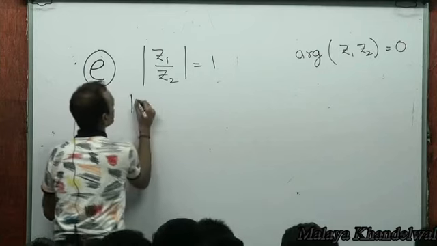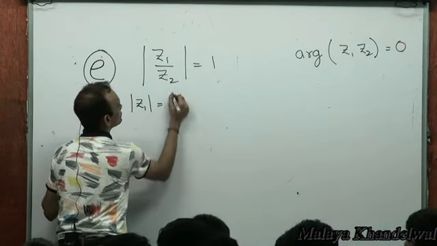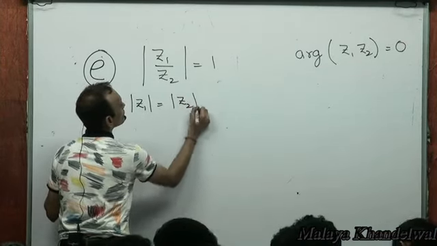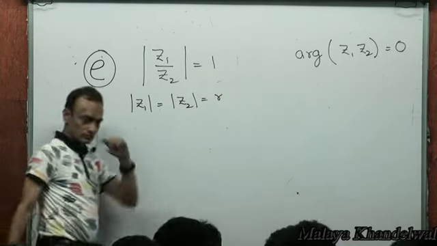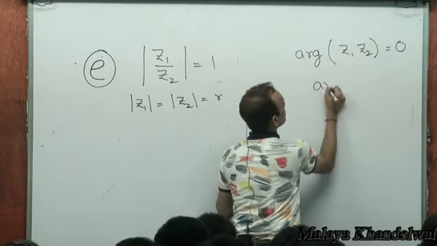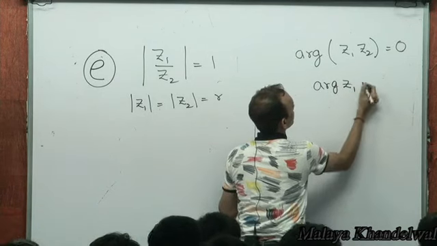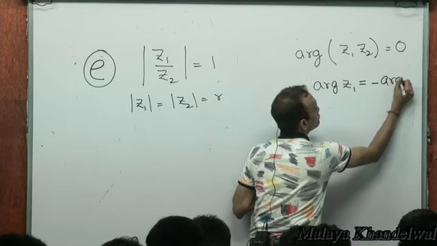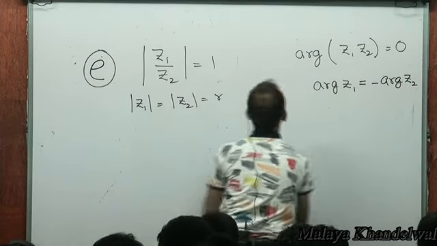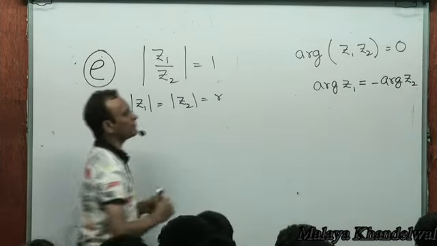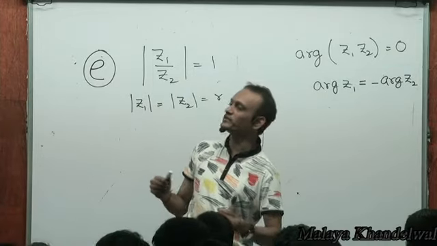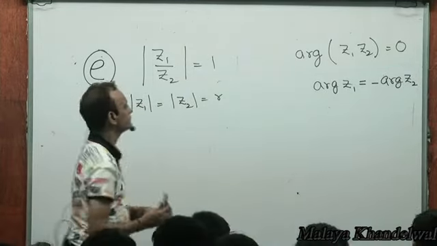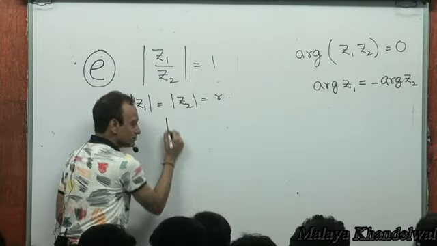This means mod Z1 is mod Z2. That's for sure. Say each is R. This means argument Z1 plus argument Z2 is 0. So argument Z1 is minus argument Z2. That means if argument Z1 is theta, then argument Z2 would be minus theta. And they have the same modulus R.